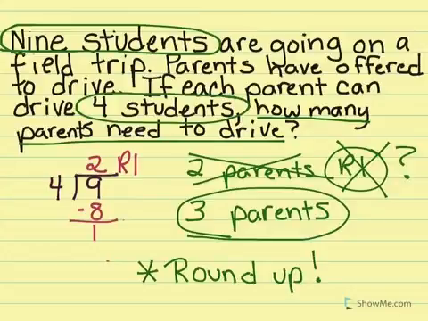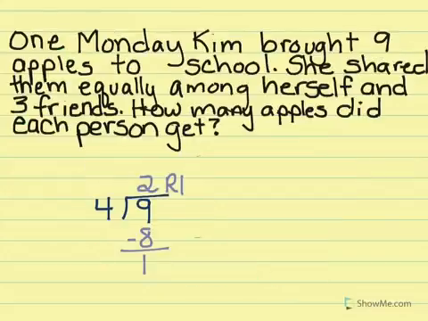All right, we're going to look at another example. One Monday, Kim brought 9 apples to school. She shared them equally among herself and 3 friends. How many apples did each person get? In this example, Kim brought 9 apples.